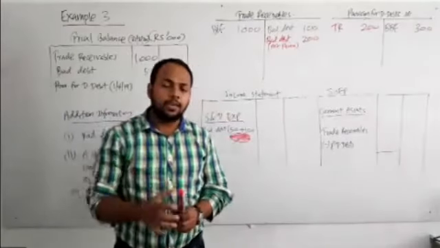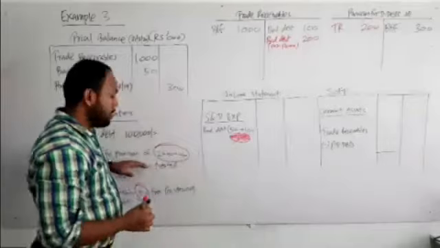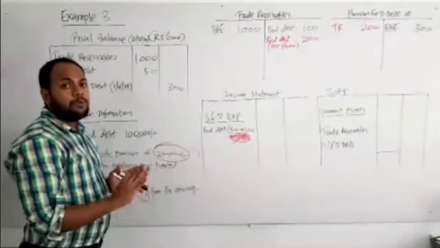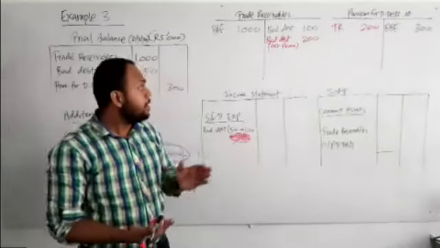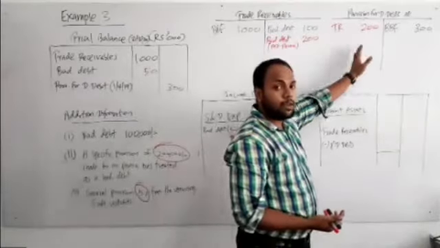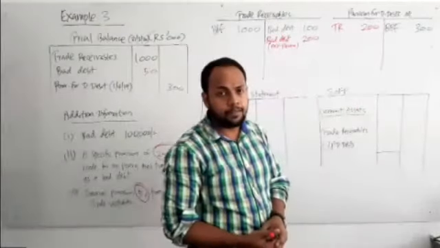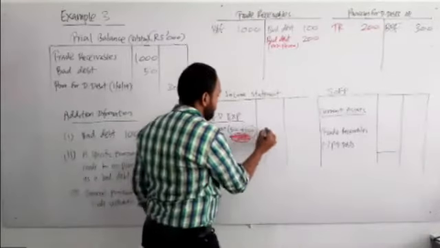If you go back and check the double entry which I gave for this transaction, a specific provision becomes bad debt: debtors account credit, provision for doubtful debt account debit. That's the double entry. Okay.